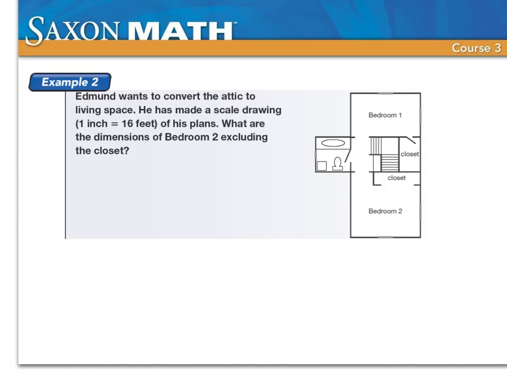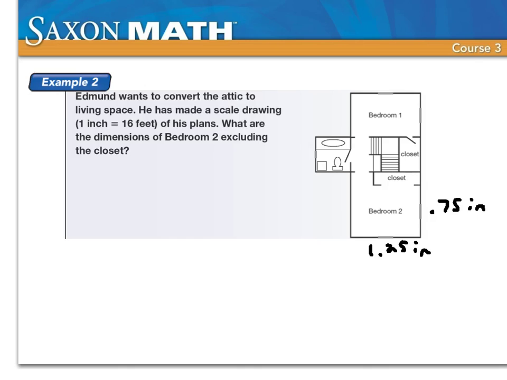Well, the first thing that we have to do is measure his drawing. Okay, if we use a ruler to measure these, this is about 1.25 inches, and this part is about 0.75 inches. So from here to here is about 0.75 inches, and here to here is about 1.25 inches. So now we need to figure out the length and the width.